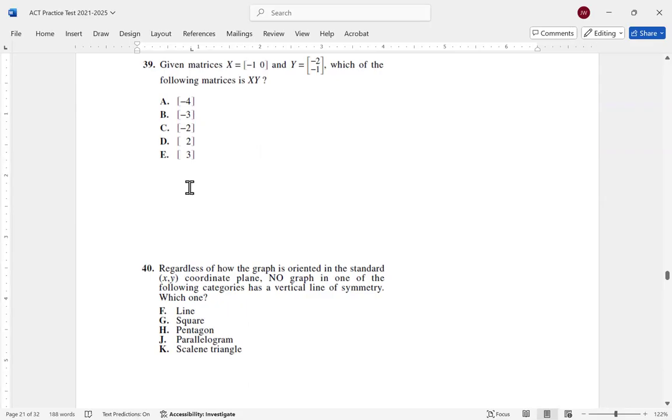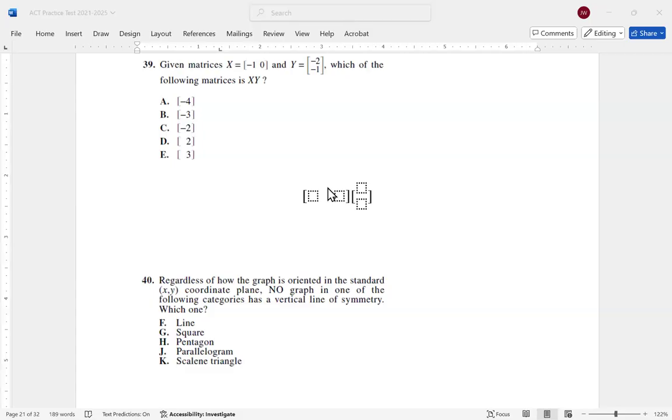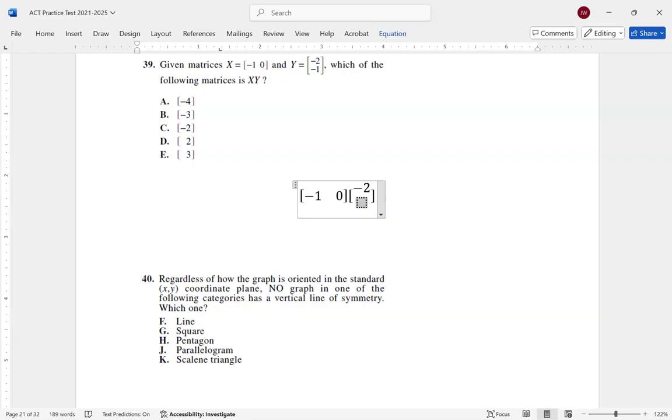Question 39. Given matrices X and Y, which of the following matrices is X times Y? So this requires me to understand how to multiply a matrix which has 1 row and 2 columns by another matrix which has 1 column and 2 rows.